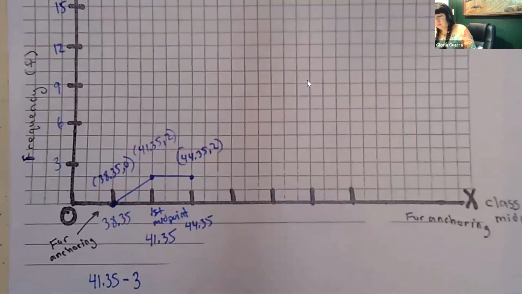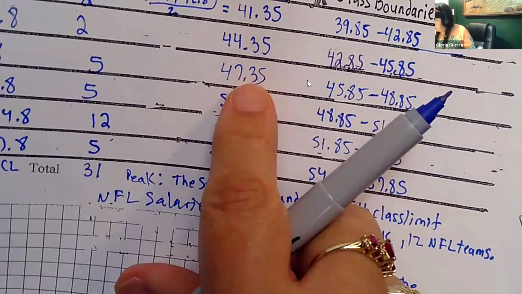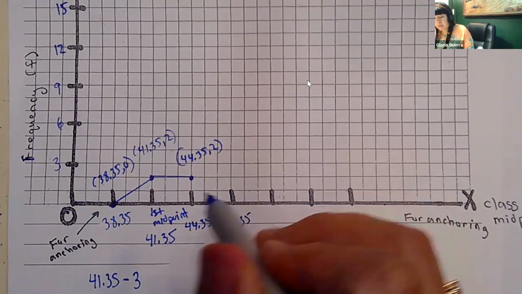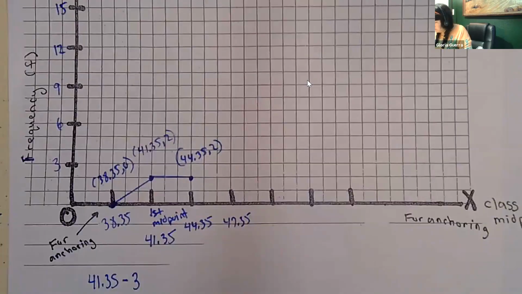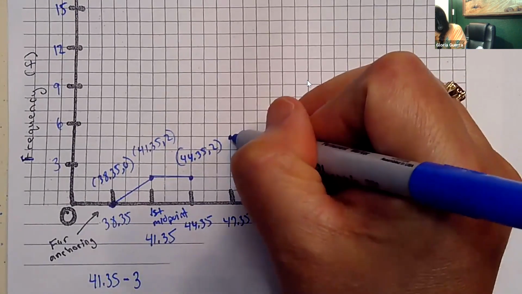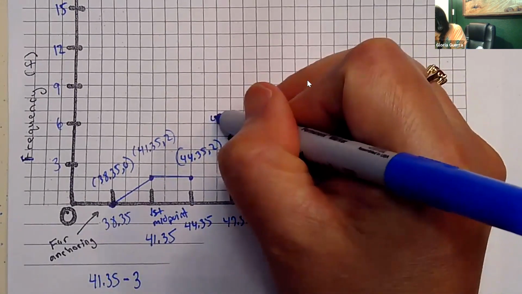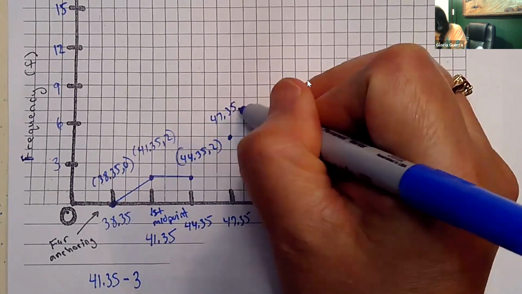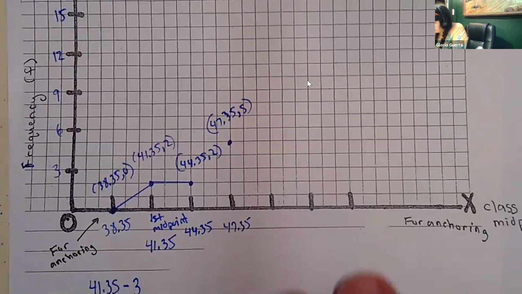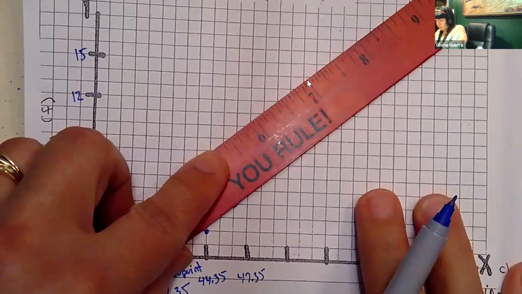And then the next midpoint is 47.35. And that frequency was 5. We have a couple of 5s coming up. So 2, 3, 4, 5. And when you're doing this on paper, I like to label that. But on the computer, it's not going to require you to label the points.